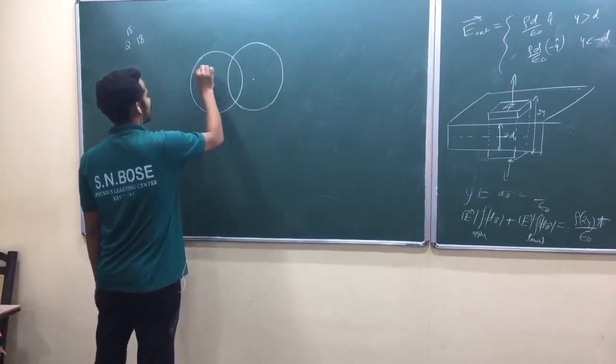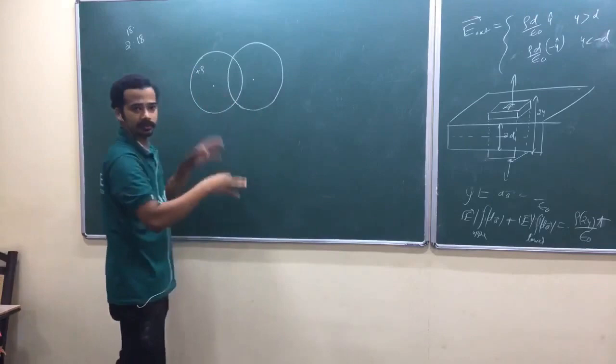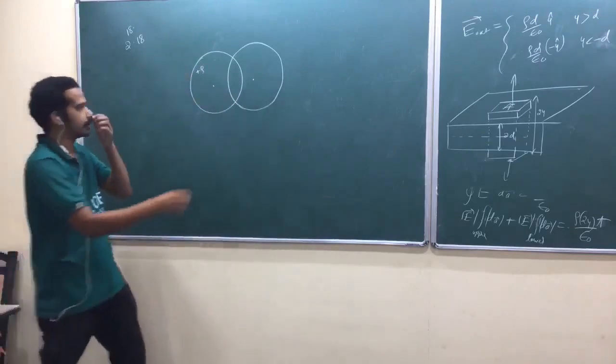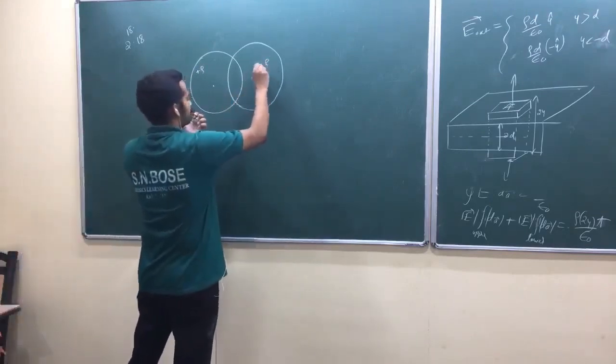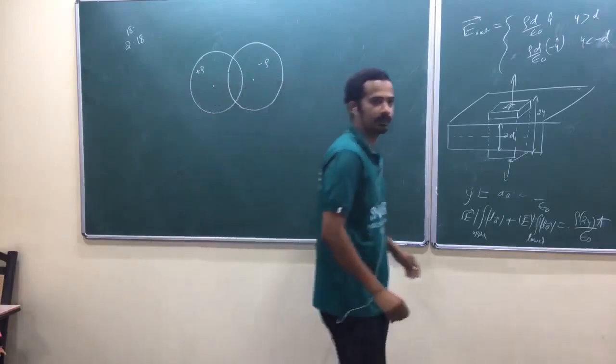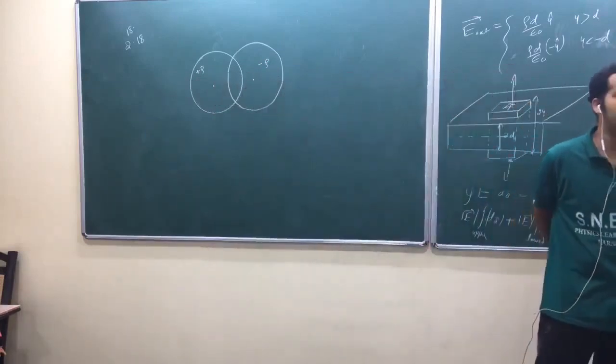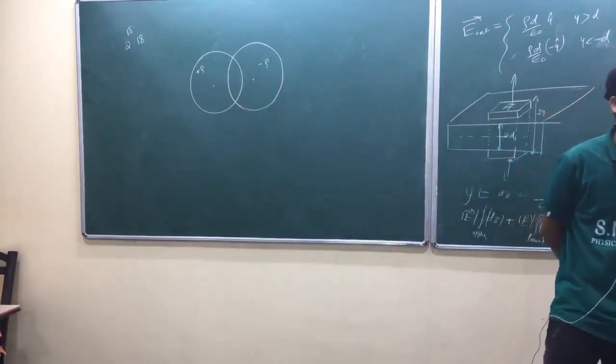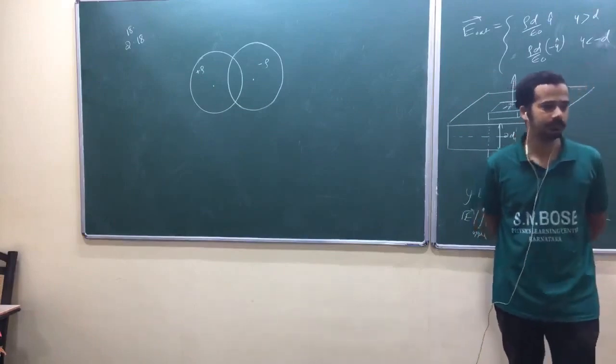One contains plus rho charge density, uniform charge density. Charges are uniformly distributed. The other contains minus rho. Now they partially overlap. In the overlap region, obviously, net charge should be 0, isn't it?